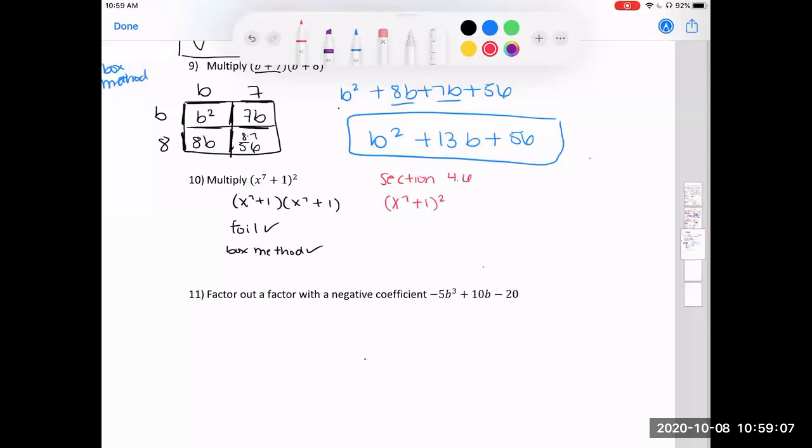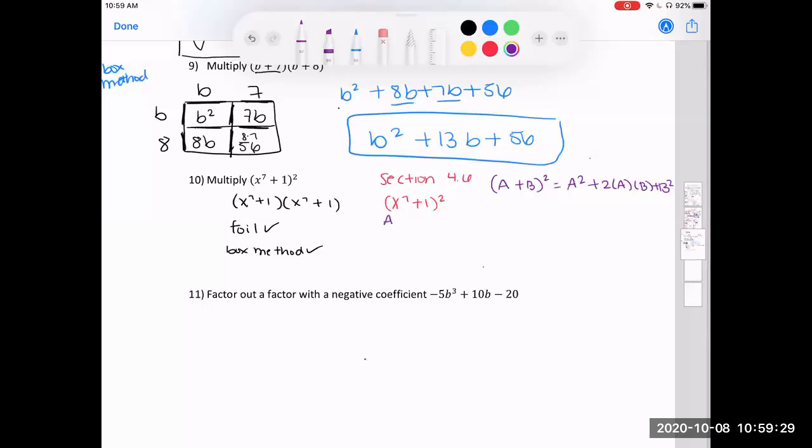like we do here, what we can do is take that rule that says if I have an A and a B being squared like we have here, I can take that first term squared plus 2 times my A times my B plus my B squared. And that's what you can do here.